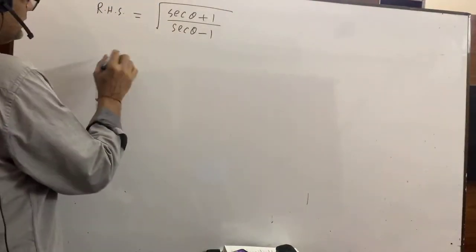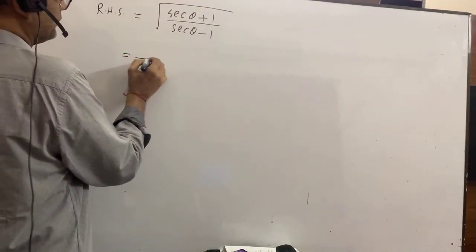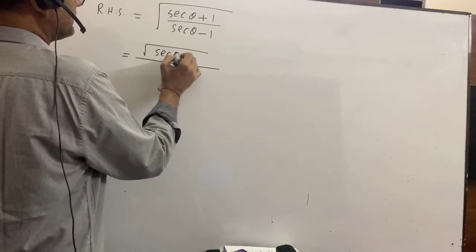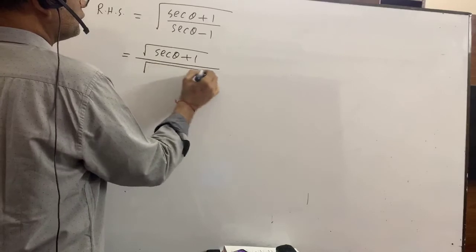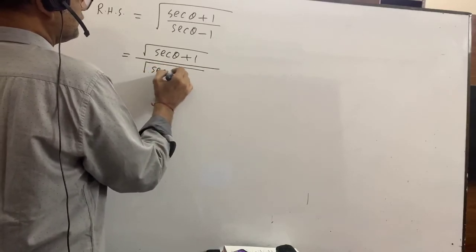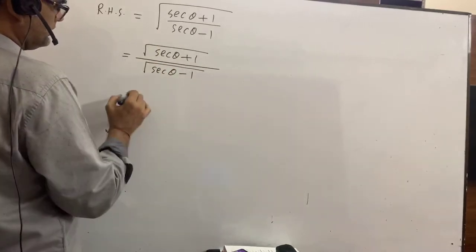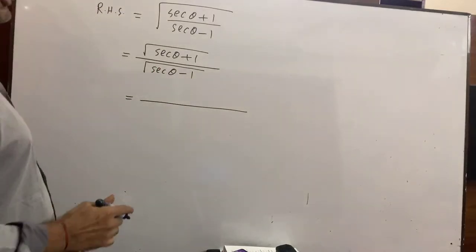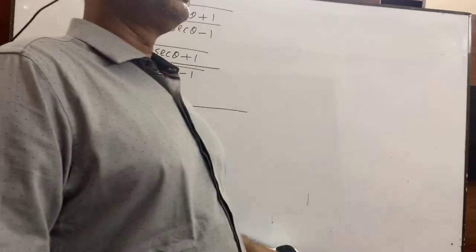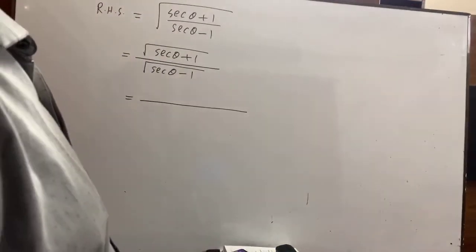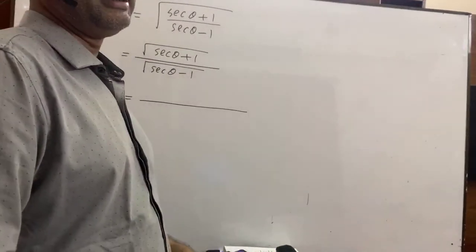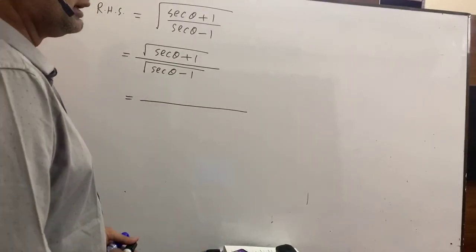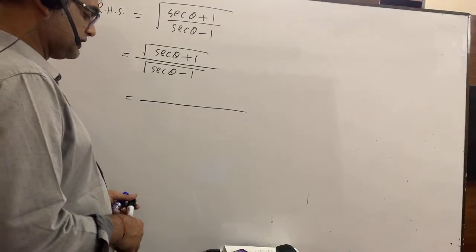Dear students, like the previous math, it is root over sec theta plus 1, and it is root over sec theta minus 1. Now you see it is a minus b under a square root, so we can consider it as an irrational number, and the denominator is to be rationalized.